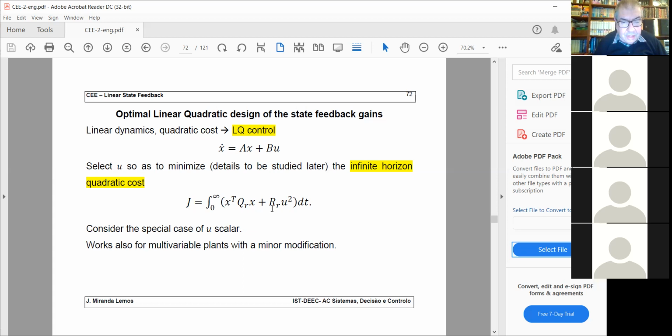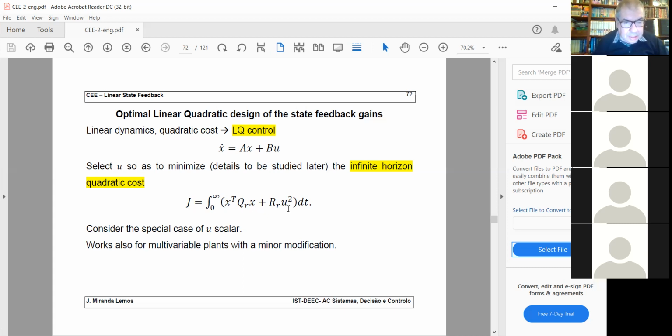But if this coefficient is small, then spending very high values of u is not much important. So you are allowing u to change a lot, and this will change in a way such as to keep x small. So u small means x big, and u big means x small.